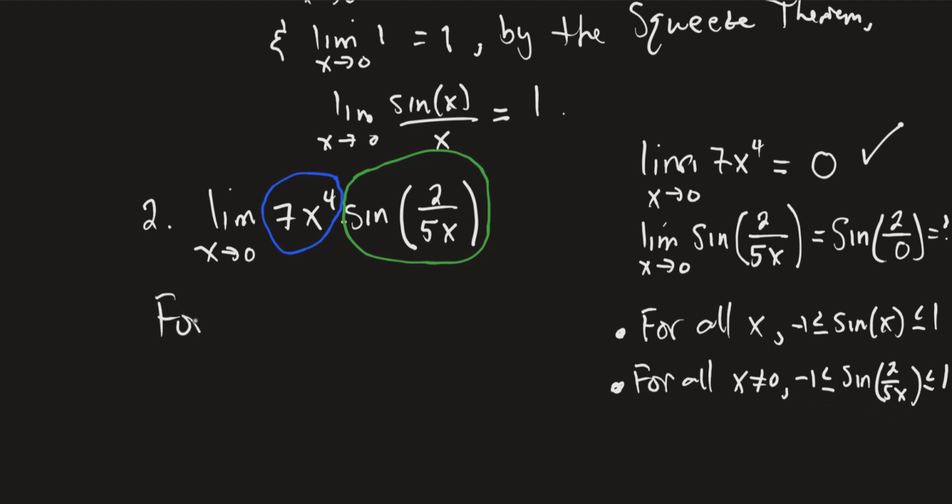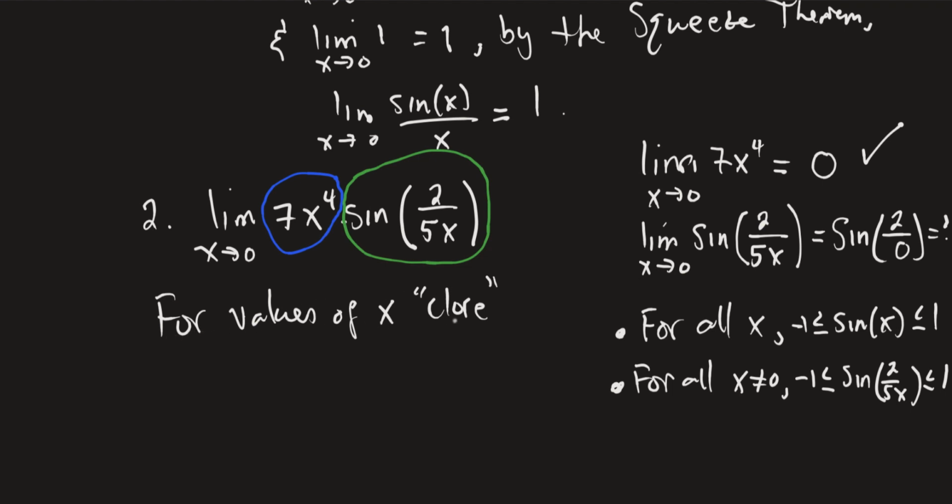So let's write it as a part of our solution. For values of x, and again, I'll say close. What do we mean by close? Again, that's part of our intuitive ideas of limits.